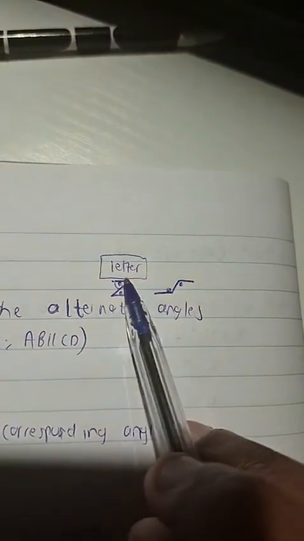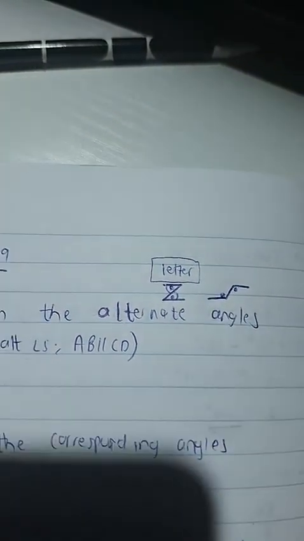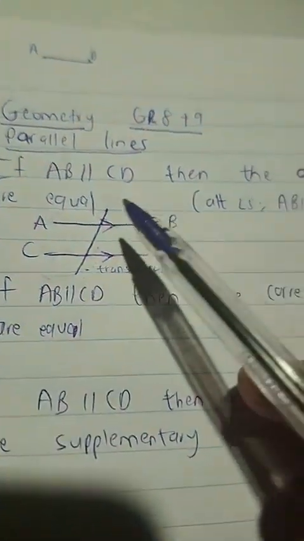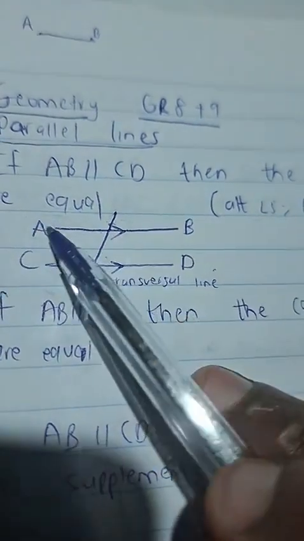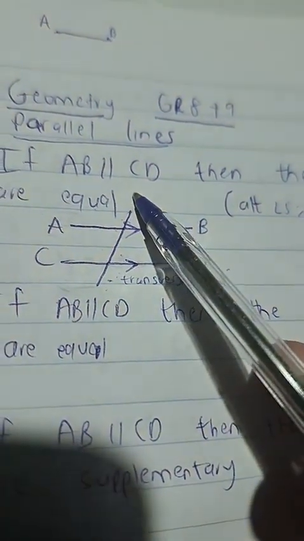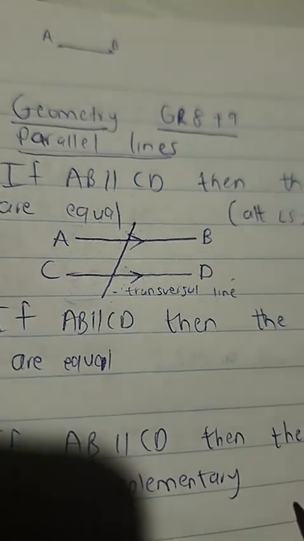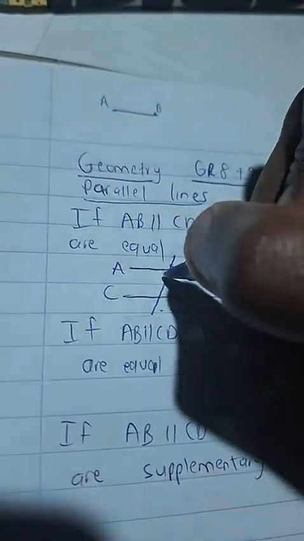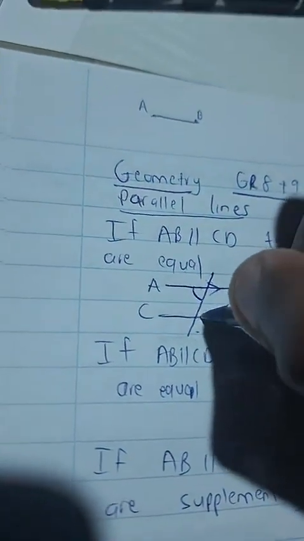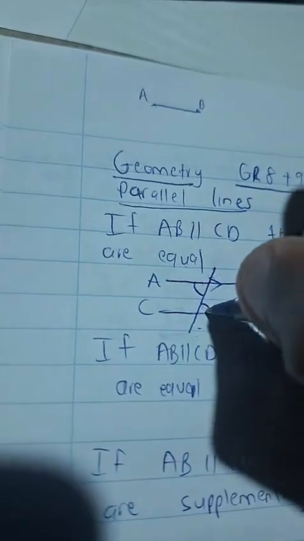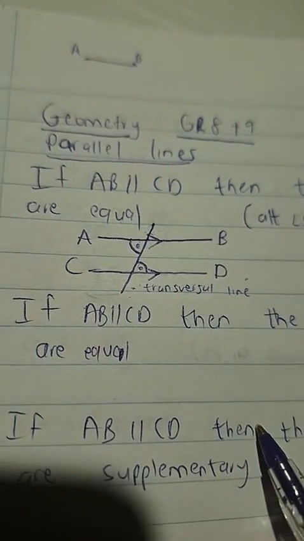If we come to this parallel line and its transversal line, where would the alternate angles be located? This angle and this angle would be our alternate angles.